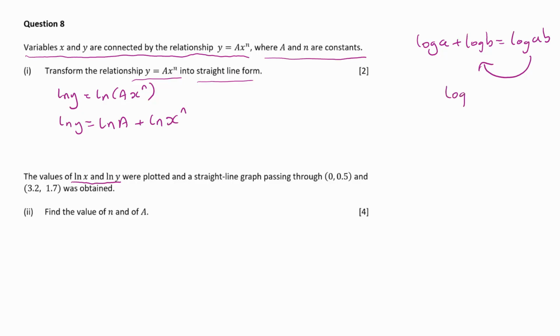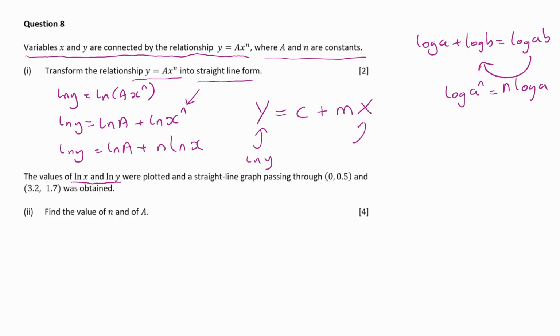And then, of course, we've got the log of a to the n is equal to n log a, which we can use just here for ln y to be equal to ln a plus n ln x. And that's now in straight line form. It's of the form y equals c plus mx, where the y is ln y and the x is ln x.